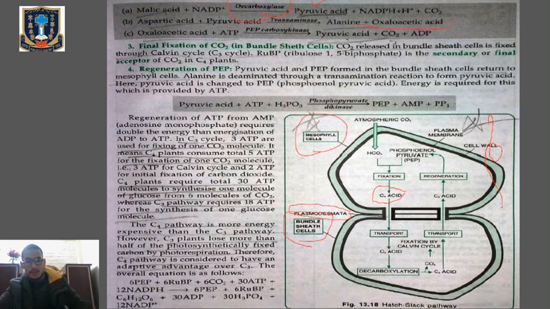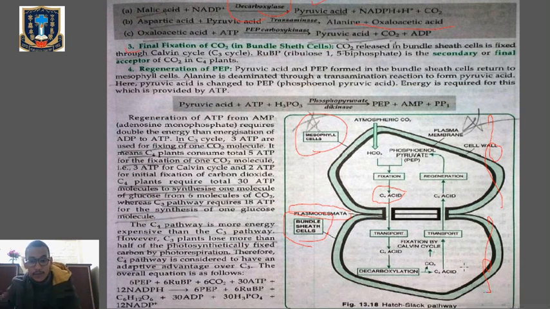Now the third step is the final fixation of carbon dioxide in the bundle sheath cells. Over here in the bundle sheath cells the final fixation of carbon dioxide occurs, and it takes place with the help of the C3 cycle. You can see that the C3 cycle is occurring in the bundle sheath cells.